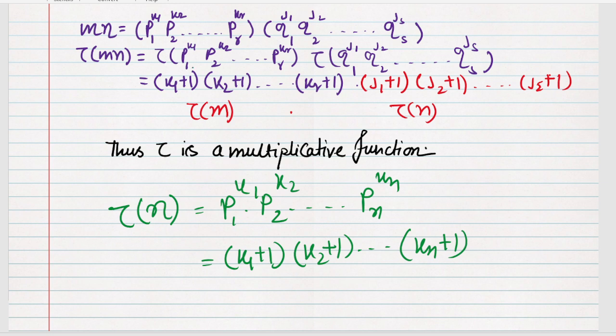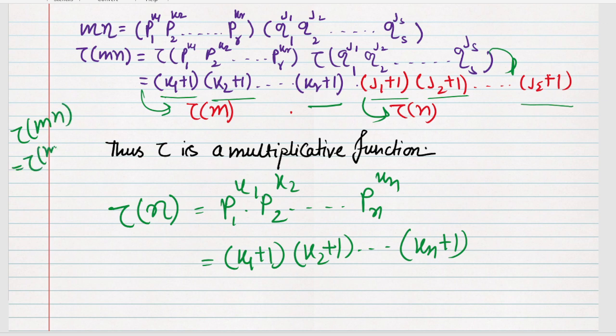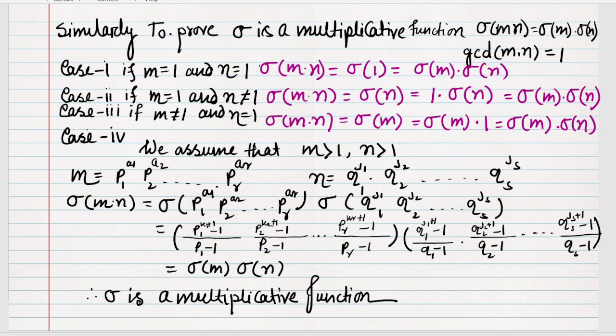So similarly, we can write (k1 plus 1), (k2 plus 1), up to (kr plus 1). Similarly, in this case we can write (j1 plus 1), (j2 plus 1), up to (js plus 1), so that this is our tau of m and this is our tau of n. So we can easily prove that tau of mn equals tau of m into tau of n. So tau is also a multiplicative function.